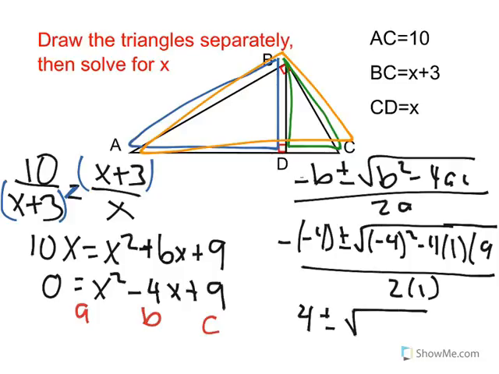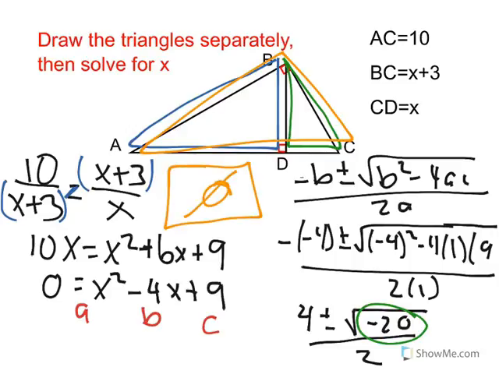So it becomes 4 plus or minus the square root of negative 20 over 2. You cannot take the square root of a negative number, so our final answer for this is no solution.